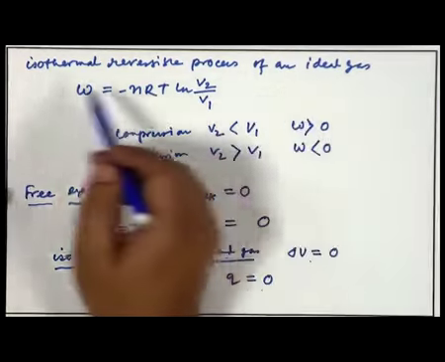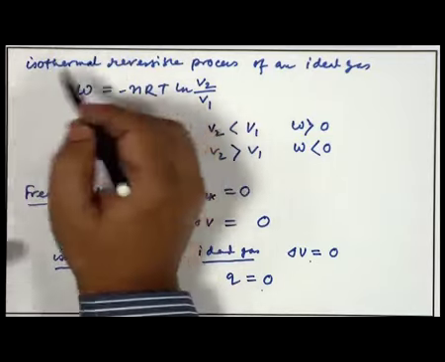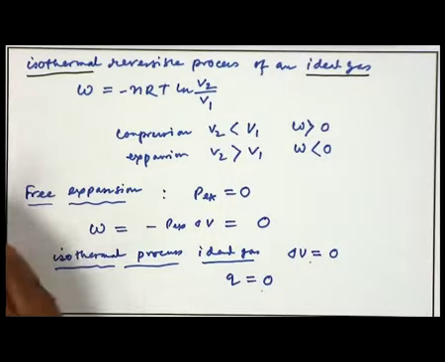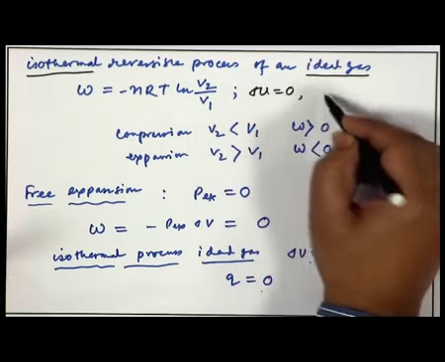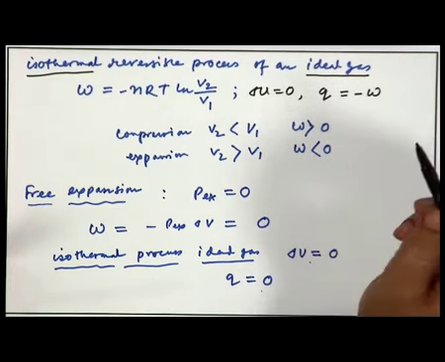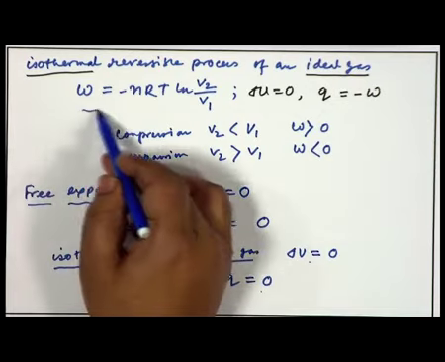In the other case, this is also an isothermal process of an ideal gas, which means del U would be 0, hence Q would be minus W, which is given by this expression.